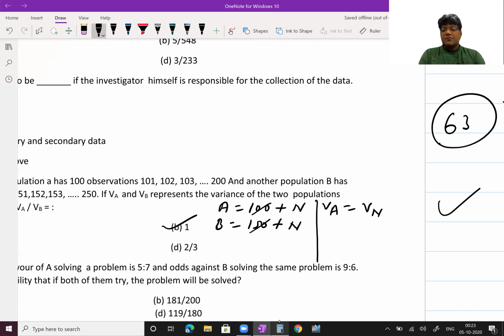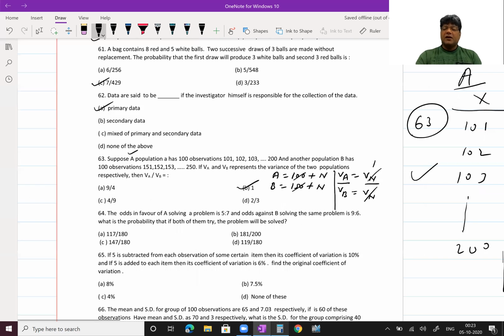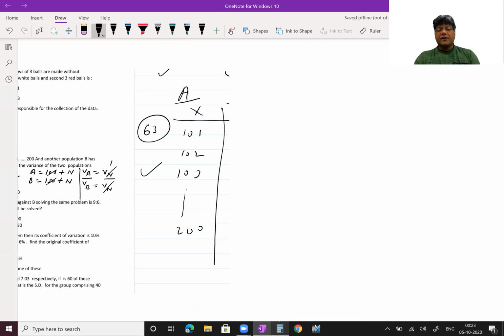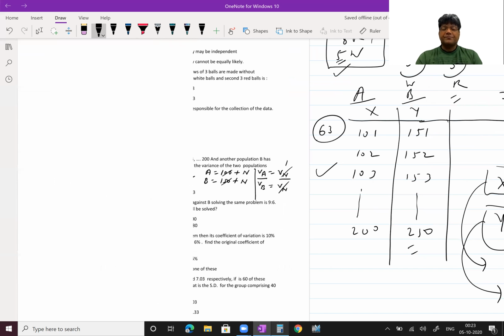Similarly, variance of B will be equal to the variance of the first 100 natural numbers. So obviously if I divide, this and this being the same will cancel and your answer is 1. Clear guys? Same thing here I explained you in short, and same thing there I explained in detail. Obviously one of the ways you should have understood.